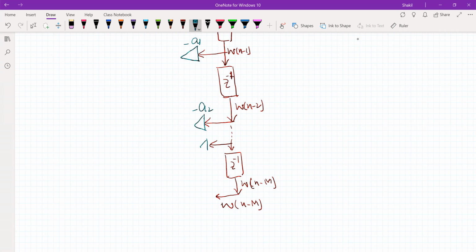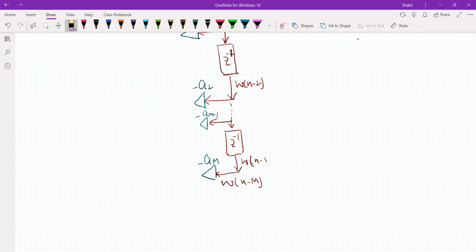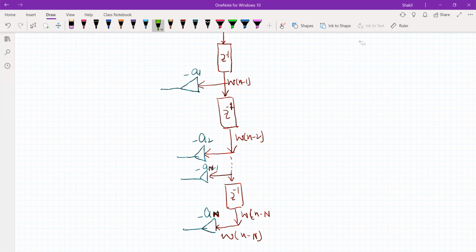Minus a1, minus a2, and so on up to minus a N minus 1, and this will be minus a N. So the outputs will be minus a1 w of n minus 1, minus a2 w of n minus 2, minus a N minus 1 w of n minus N plus 1.